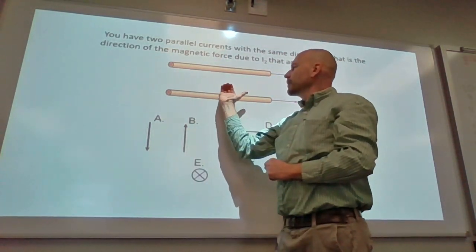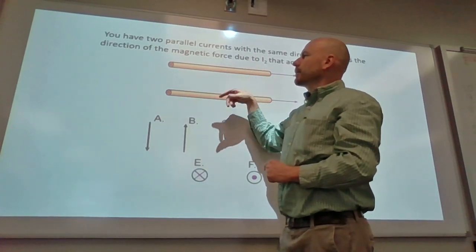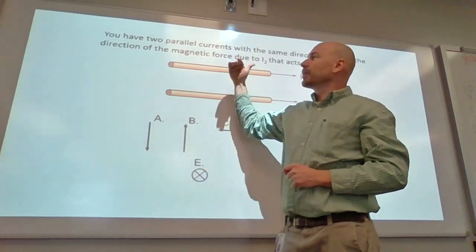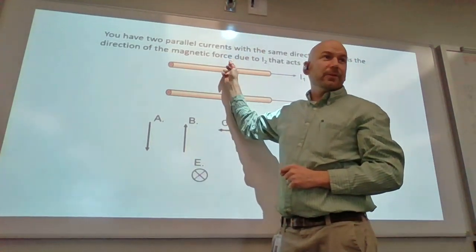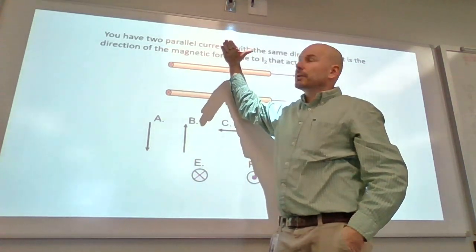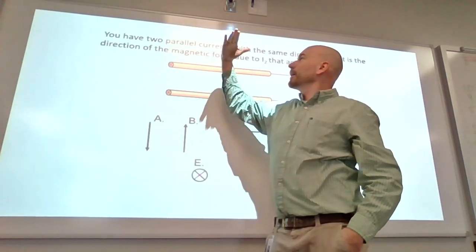Magnetic field by wire 2. It produces that magnetic field at this location where wire 1 is. That's coming out of the board. So now this out of the board becomes the external magnetic field that this guy's in. Using right hand rule number 2 to experience a force. Got external magnetic field coming out of the page.